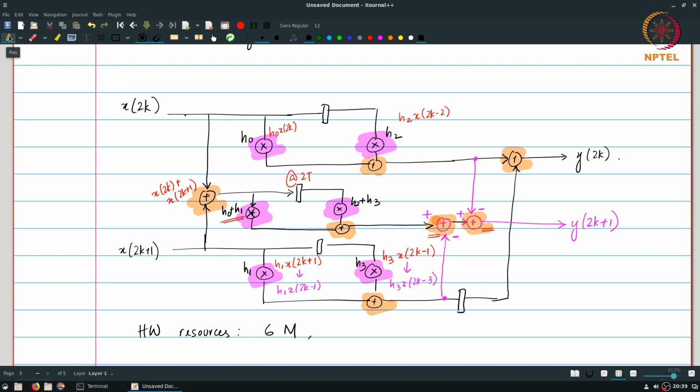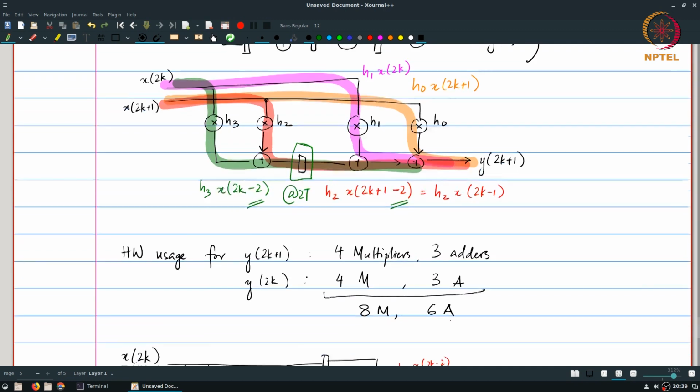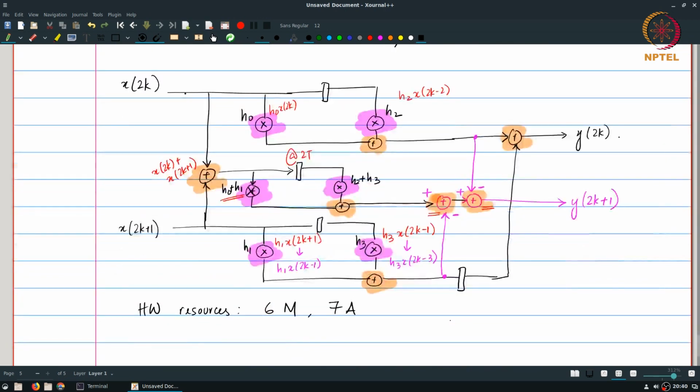In other words, I'm assuming that the complexity of an adder and a subtractor, at least, are the same. So I have 6 multipliers and 7 adders. What did I have to start with? Over here I had 8 multipliers and 6 adders. In the new architecture, I have 6 multipliers and 7 adders.